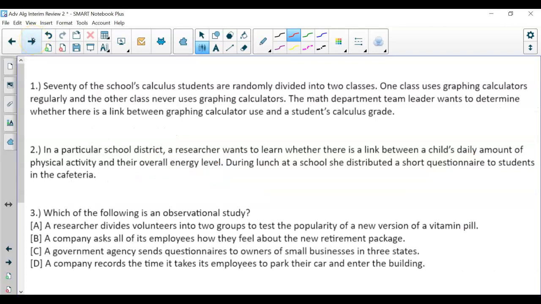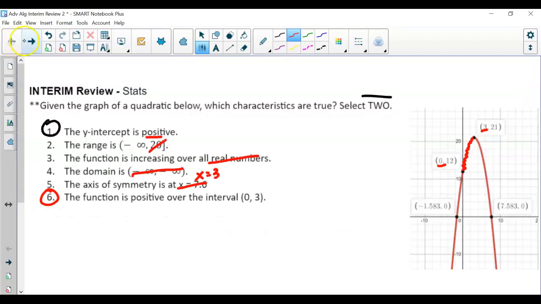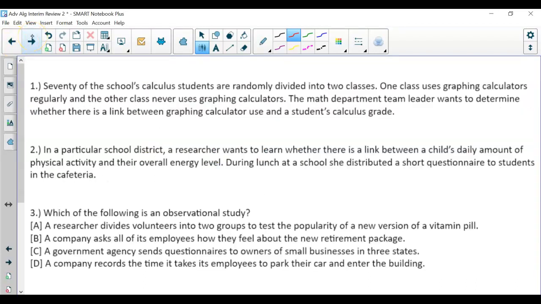Now going through and reviewing with all of our stats. Here you are having to identify, and sorry, the directions got cut off. But for questions 1 and 2, you're identifying if it was a survey, observational study, or experimental study. In this first situation, they have divided calculus students into 2 classes.